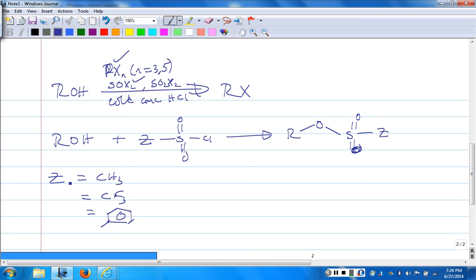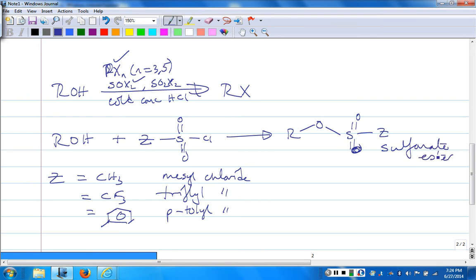When Z is methyl, then this compound is called mesyl chloride. When it's trifluoromethyl, it's called triflyl chloride. And when it's p-tolyl, it's called p-tosyl chloride. When we make the ester, this is called a sulfonate ester.